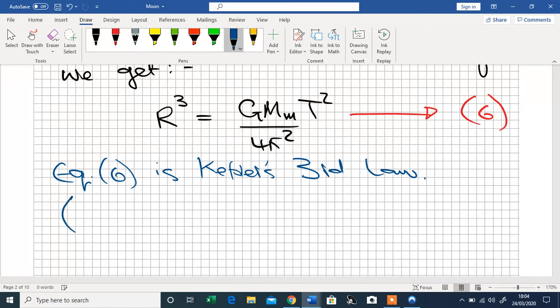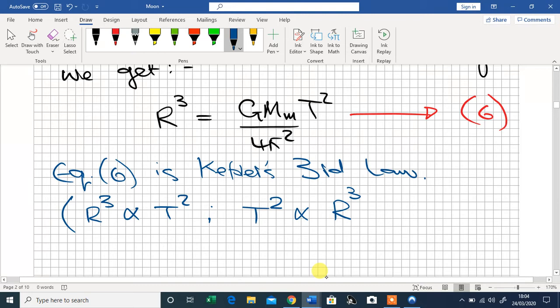You might see it written as the cube of the distances are proportional to the squares of the periods, and quite often it's pronounced as the square of the period is proportional to the cube of the distances between the satellite and the planetary body, or the moon, or whatever.